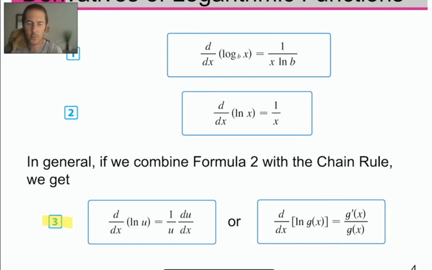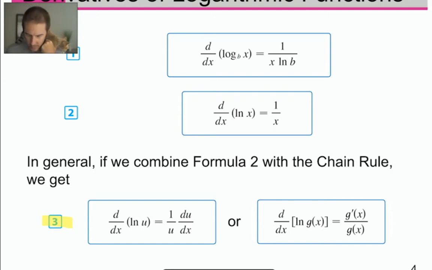We can use U to represent the inner function, or we can use g of x to represent the inner function. We could take this property that we're seeing in number 3 and apply it back to number 1, but really what number 3 is an application of is taking the natural log of a function. So it's a more detailed version of equation number 2.